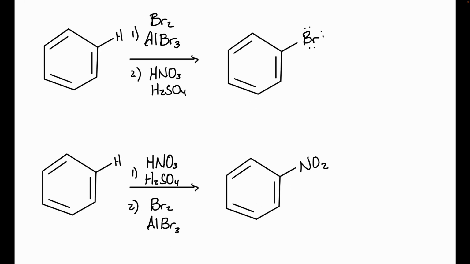So it turns out if we do the bromination reaction first and then our nitration reaction, we'll get a mixture of two products, the ortho product and the para product.